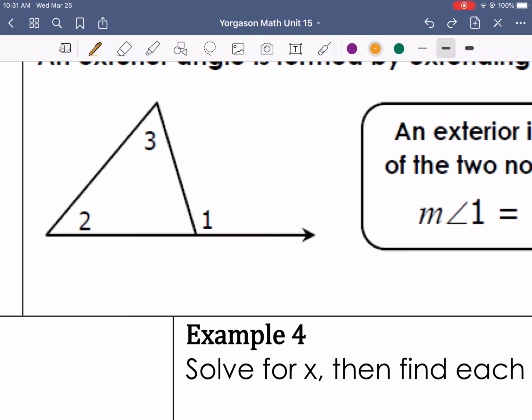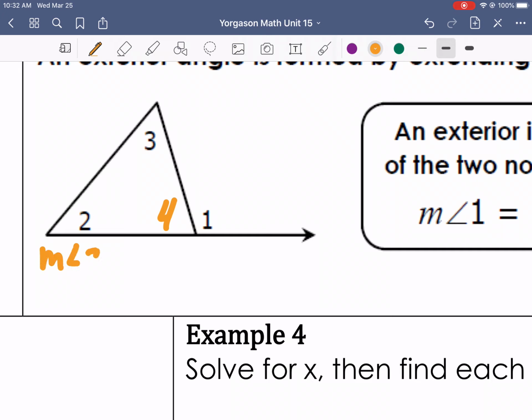Now let me show you something that I think could be handy here. If I call this angle right here angle 4, I know that if I add up the measures of angles 2, 3, and 4, it should equal 180 degrees, right?